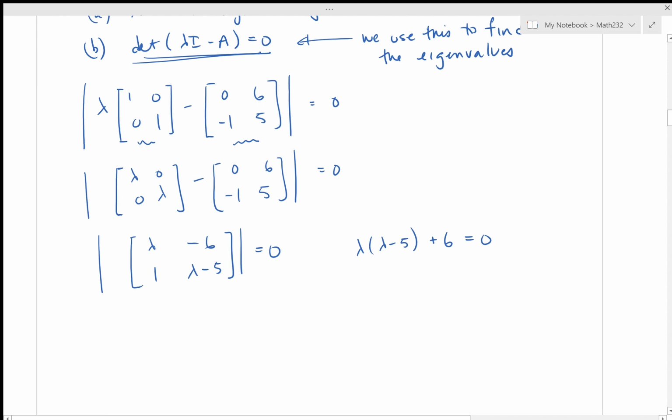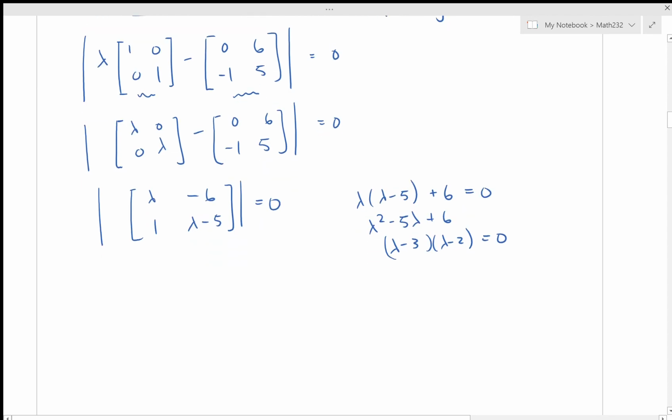Okay, so I'm going to have to expand, simplify, and then see what the roots are. This is lambda squared minus 5 lambda plus 6, and then I can see that factors as lambda minus 3 times lambda minus 2, and that is equal to 0. So I have now found the two eigenvalues.